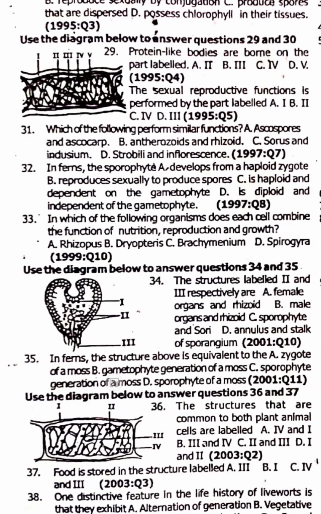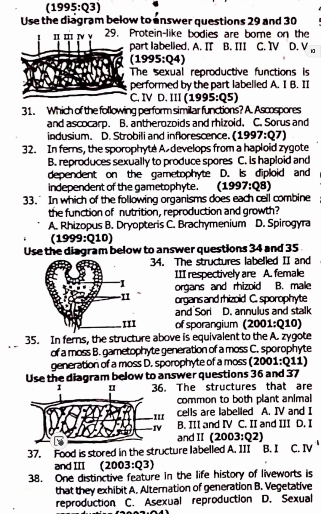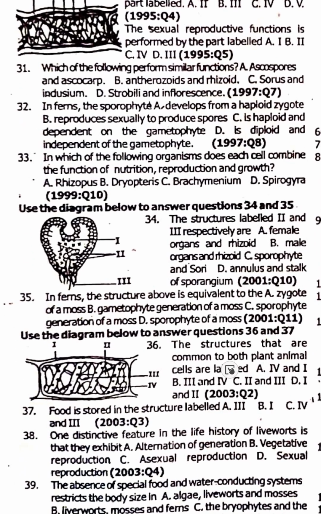For bryophyte, gametophyte is dominant. So option B, 35. 36. The structures that are common to both plant and animal cells are labeled option C, II and III. 37. Food is stored in the structure labeled C, IV.